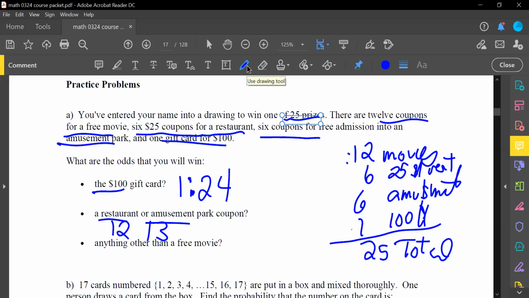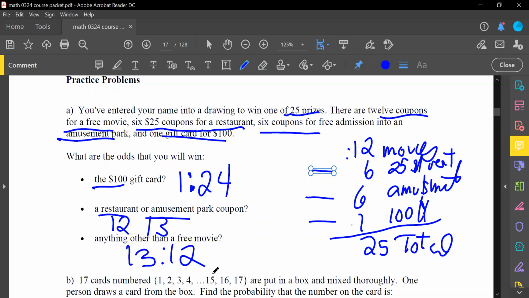That could be the restaurants, the amusements, or the $100. So that's 13 ways to get something other than what I want. So it's 13 to the number of ways to get what I don't want, so that would be 12. Okay. Notice how these add up to 25, the total.